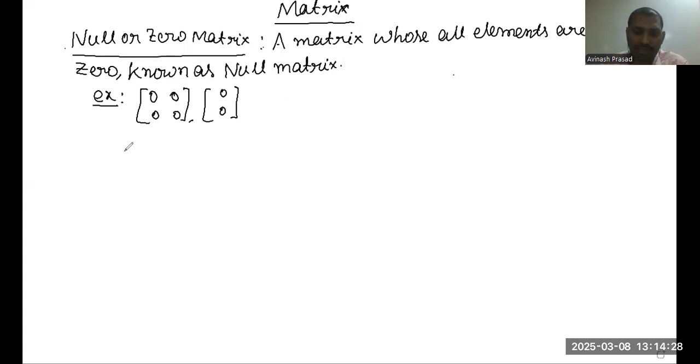Now, what are equal matrices? Two matrices are said to be equal if they have the same order and the corresponding elements are the same.